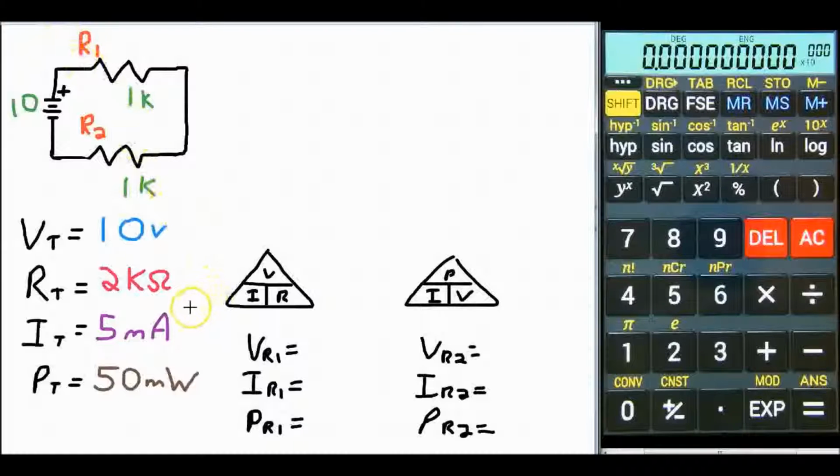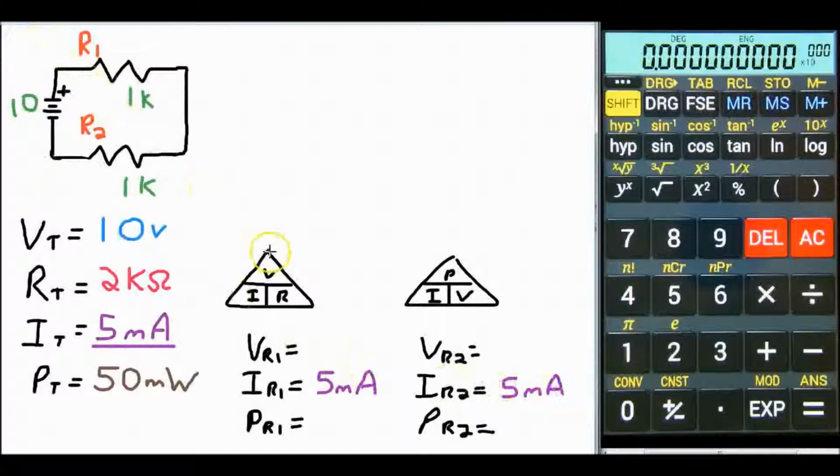So for our circuit here, our current is 5 milliamps. So what I do is come over to the answer key for the individual resistors and put 5 milliamps. And that is the current through both resistors. So again, in a series circuit, current remains the same.